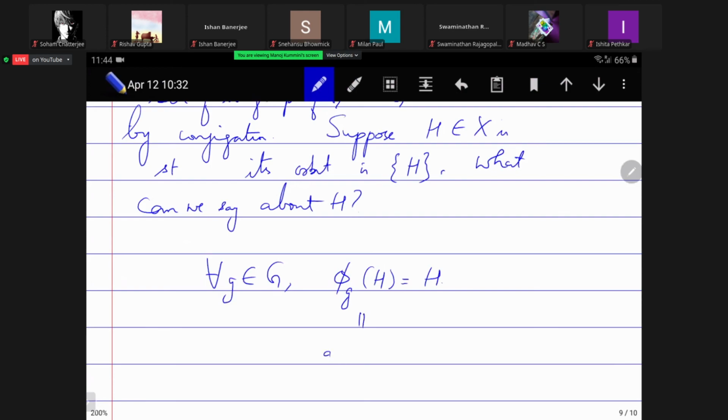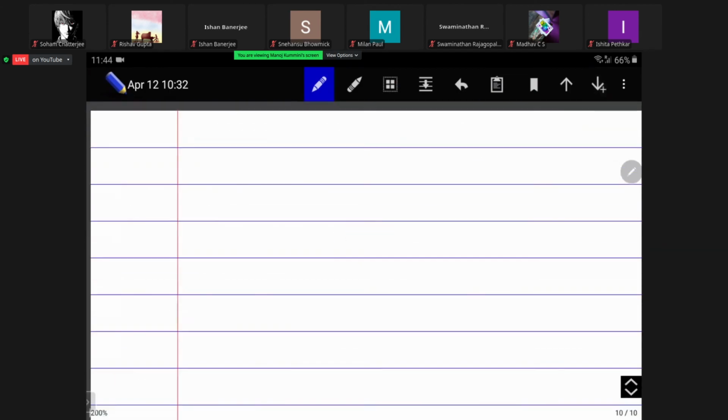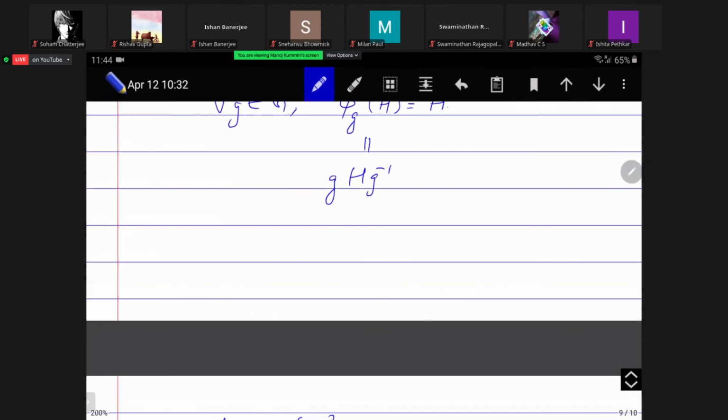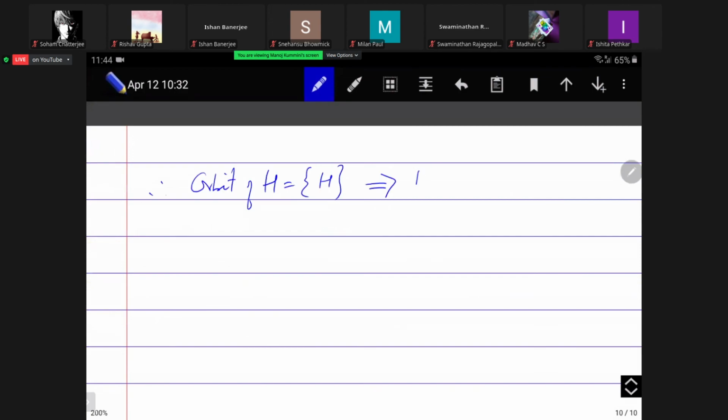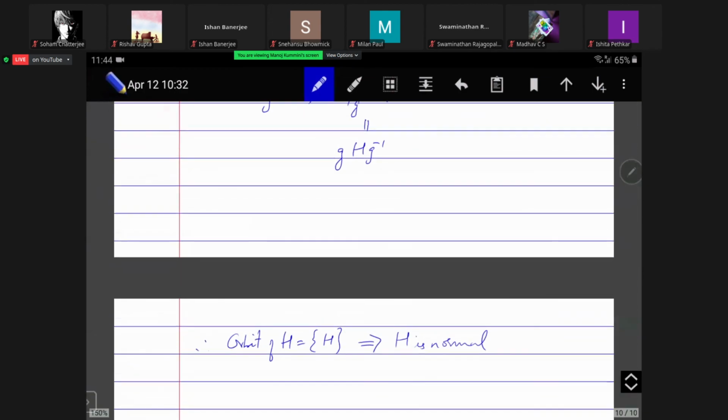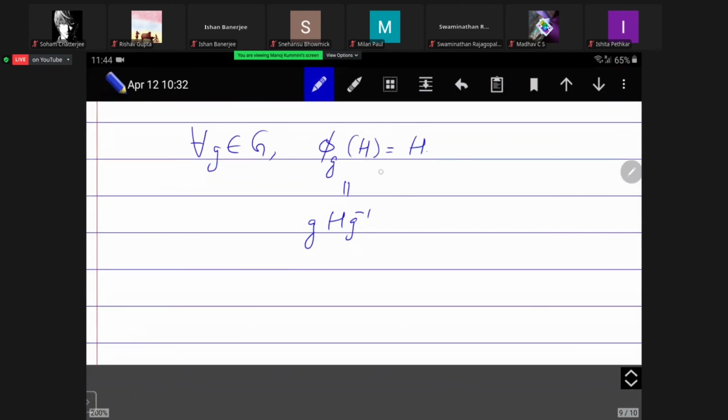This is gHg inverse. Therefore, the orbit of H is a singleton implies gHg inverse equals H, so H is normal. We had proved that this is a characterization of normal subgroups.